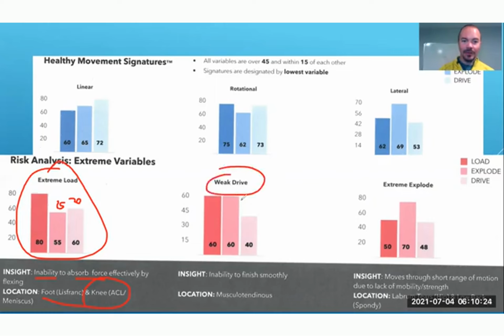About a weak drive, there's a 20-point disparity from the first two factors to our drive factors. So inability to finish smoothly, muscular issues, and also your performance is probably going to be a little bit behind.